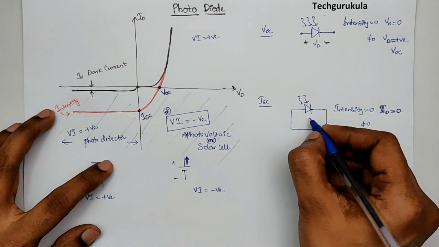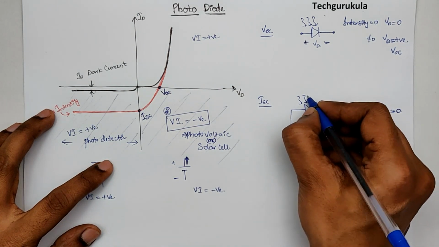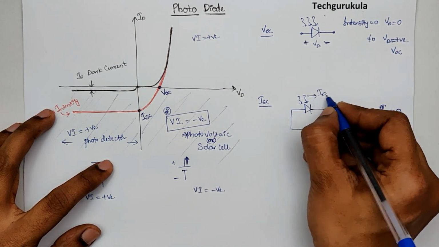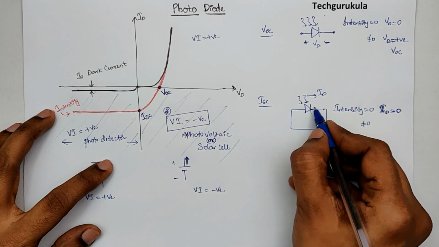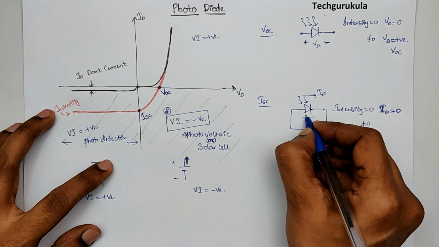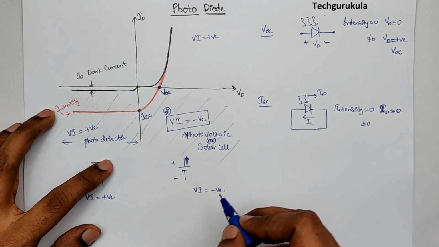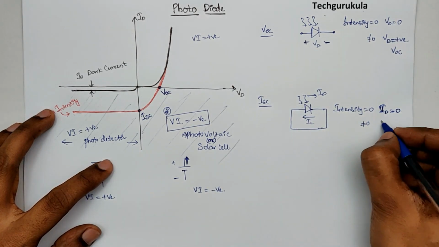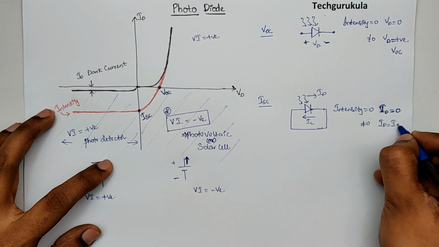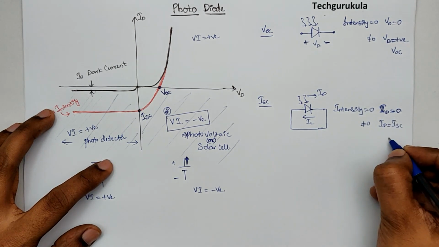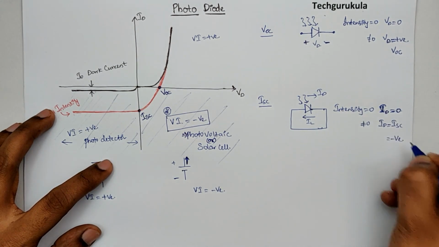In fact, that current flow would be in the opposite direction to that of our reference. Our reference is ID, which is from P side to N side, but the actual current, which is IL, is going to flow from N side to P side. That current we are going to call ISC, which in fact would be equal to a negative value.